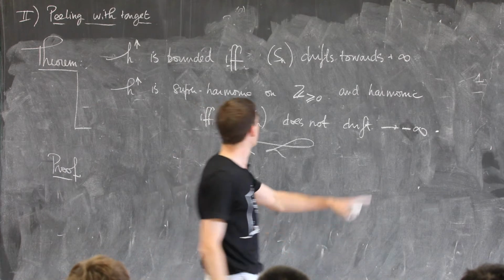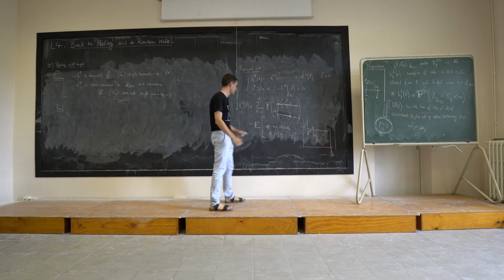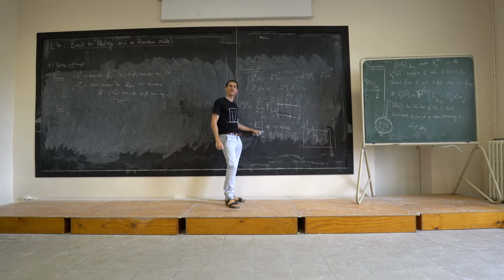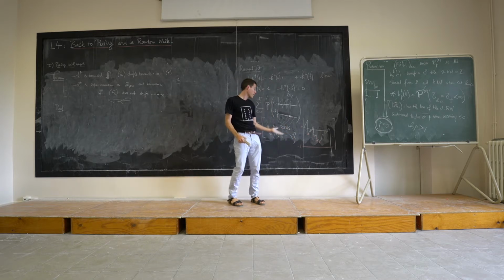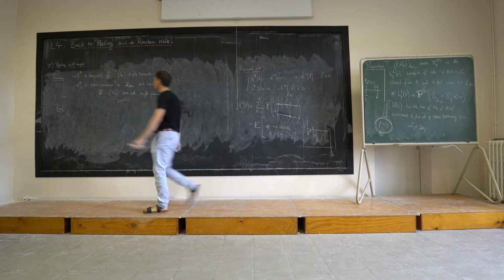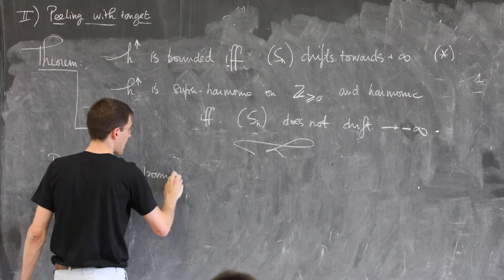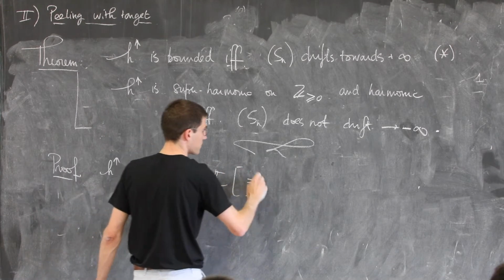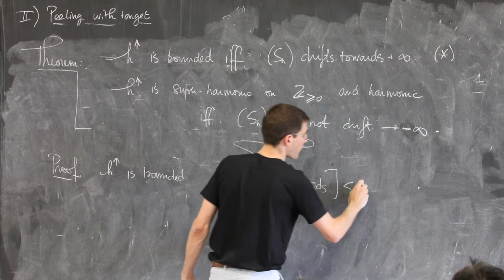Let's start with this, and let me accelerate a little more. What is this? This is the expected number of records I have in 0 minus L. So that's obviously increasing in L. So if H is bounded, that means that the expected number of minimal records at all is finite.